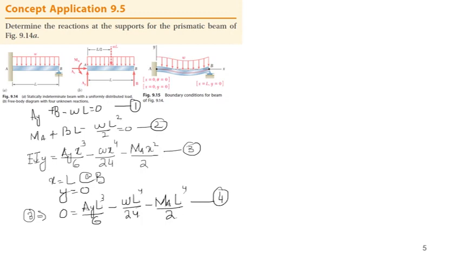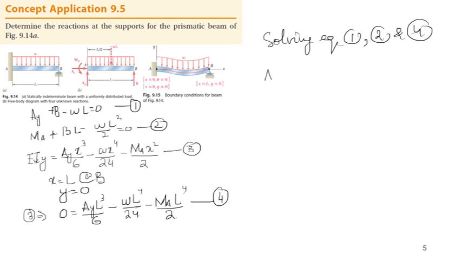Now if you look at equations 1, 2 and 3, we have 3 equations and we have 3 unknowns. So by solving equations 1, 2 and 3 simultaneously, what we have?